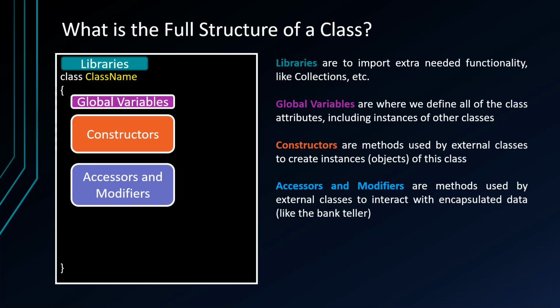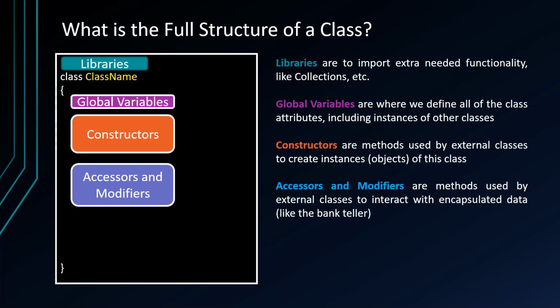Actually, that would be a modifier because you're trying to modify how much money is in your account. But before you do that, she is going to check to see whether there is enough money in that account, right? She or he, I should say. So accessors and modifiers are used by external classes to access and modify your attributes.